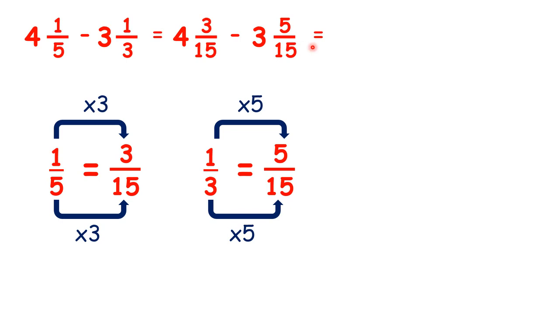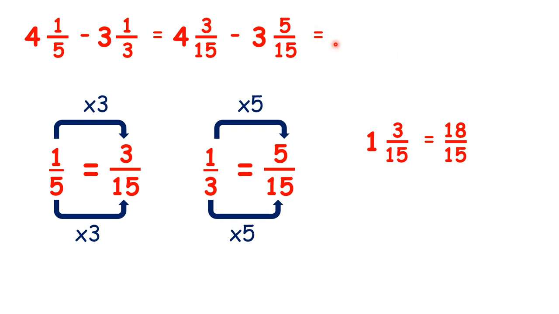But we can't answer that because we can't take 5/15 away from 3/15. So we need to exchange with our whole numbers. We need to take 5/15 away from 1 3/15, which is the same as 18/15.